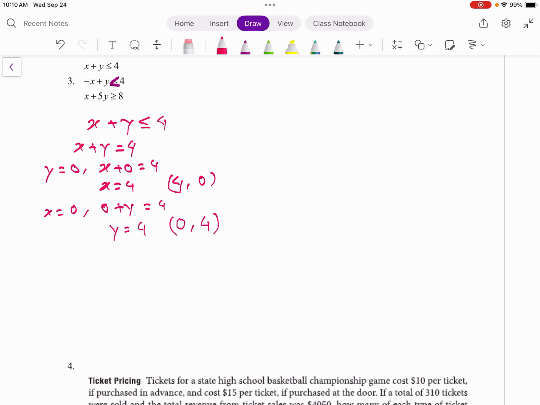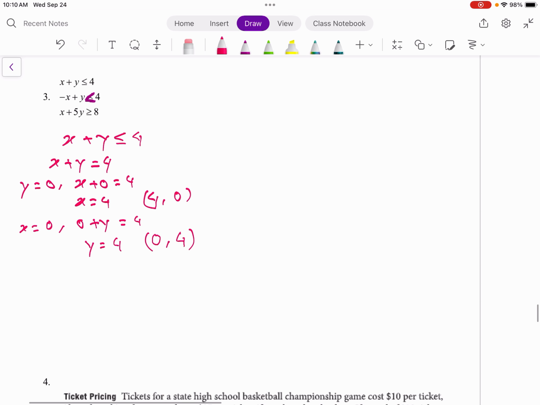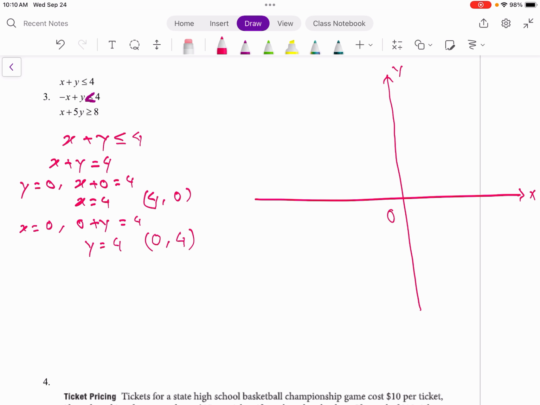Now let's graph this inequality. We have the x-axis, the y-axis, and the origin. So 1, 2, 3, 4, and 1, 2, 3, 4, 5, 6, 7, and negative 1, negative 2, negative 3, negative 4. These are negative numbers. Let's plot (4, 0), which is on the x-axis: 1, 2, 3, 4.